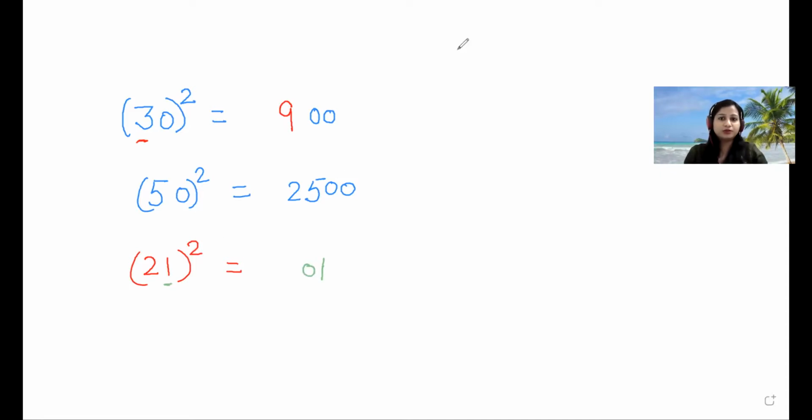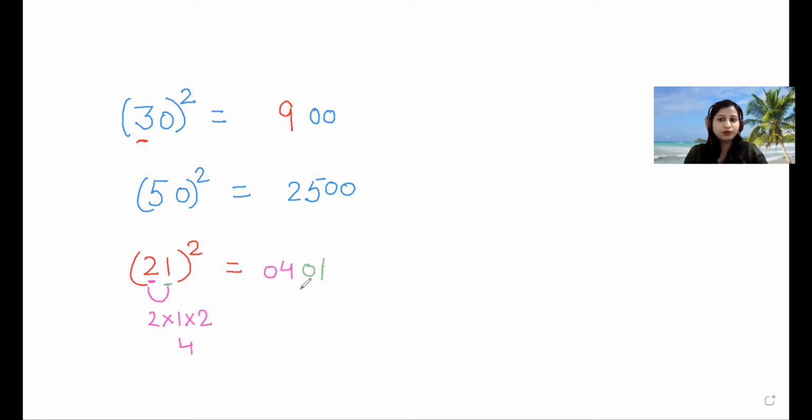Now we'll do the square of the tens place. The tens place here is 2. So 2 square is 4, and in two digits we write 0, 4. Now the most important step: we'll multiply these two digits, that is 2 multiplied by 1, and then multiply the answer by 2 again. 2 ones are 2, 2 twos are 4.